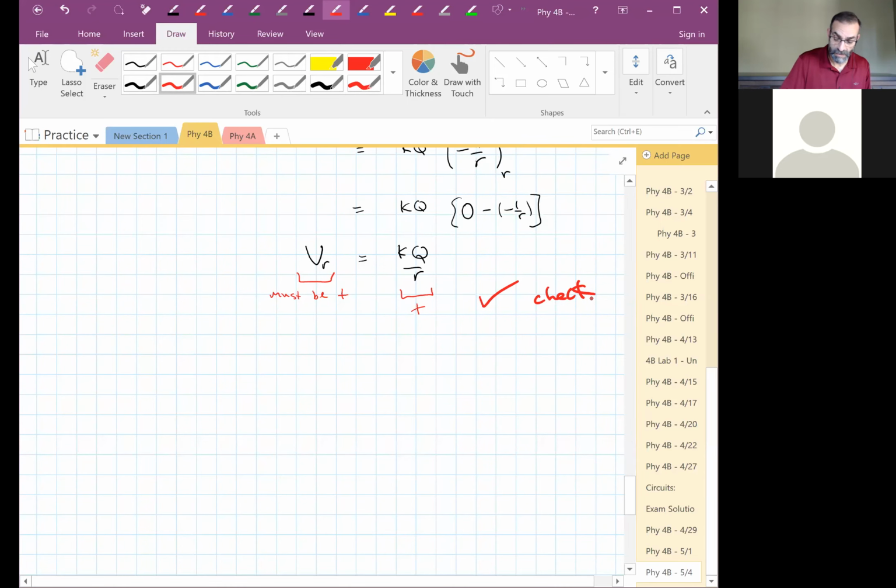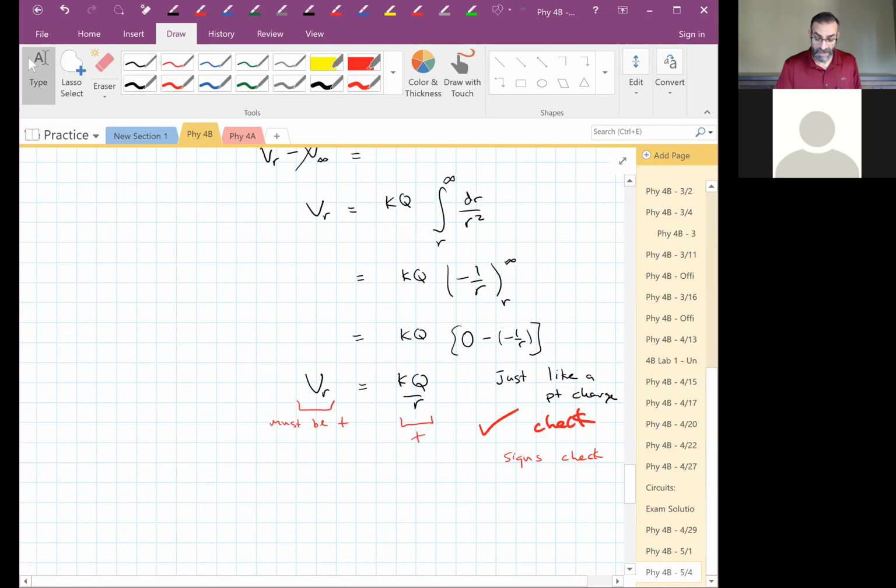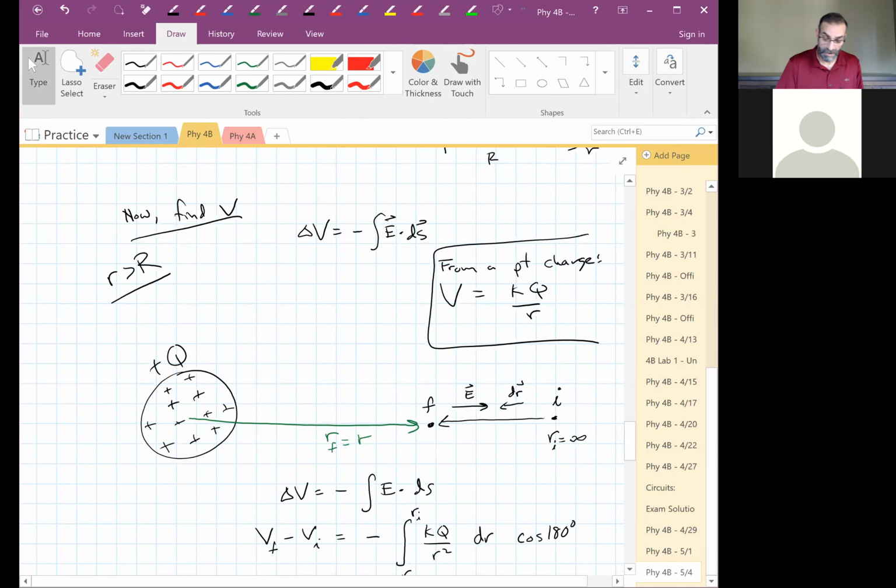Okay, so the signs work, and we got the value we expected, kq over r, just like a point charge. dr points the direction we're going.